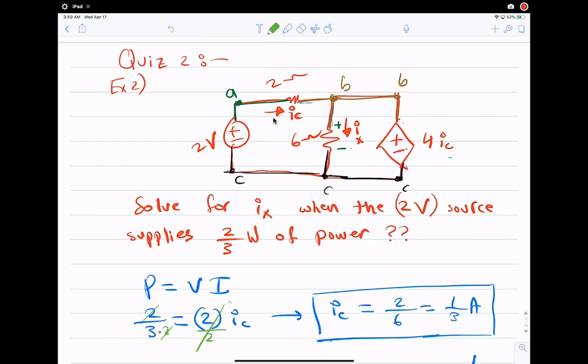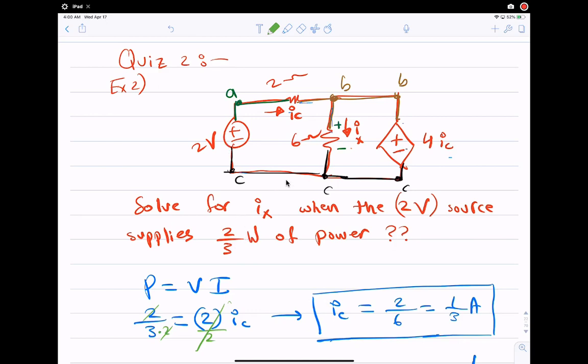Now, I have this current IC equals 1 over 3 ampere, he asked me for IX, so why did I find IC? If you find IC, then you can find the value of the dependent source. If you looked at this circuit, I know that he gave me some information about the power, so I used it right away.